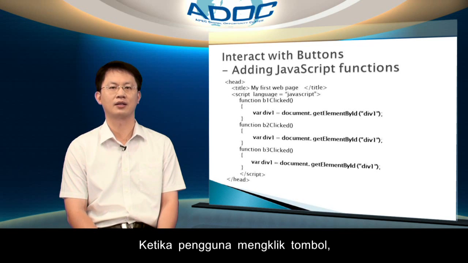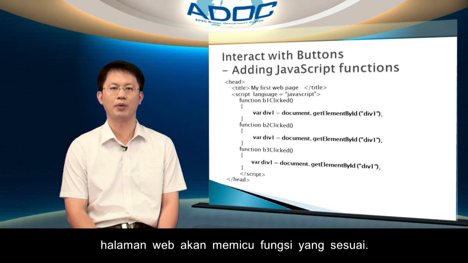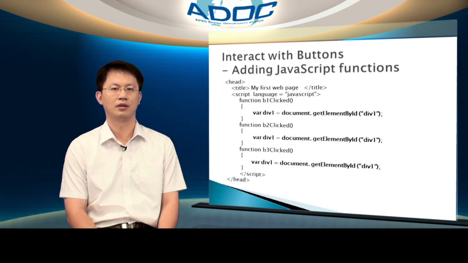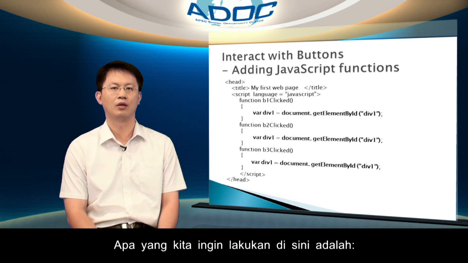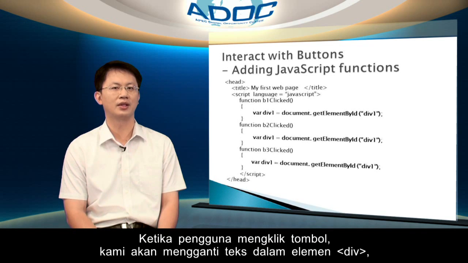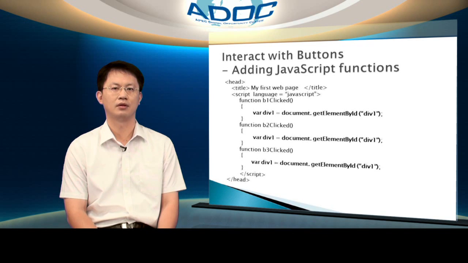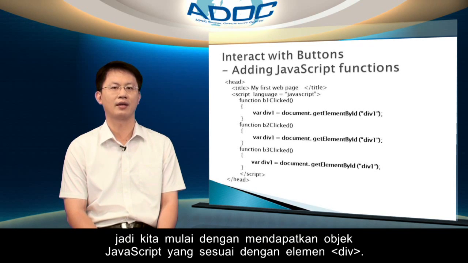When the user clicks the buttons, the web page will trigger the corresponding function. The function will perform the change. What we want to do here is, when the user clicks a button, we will replace the text in the div element. So we start by getting the JavaScript object corresponding to that div element.